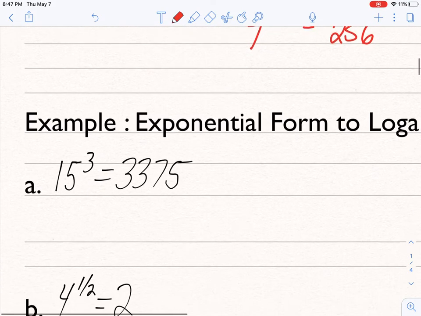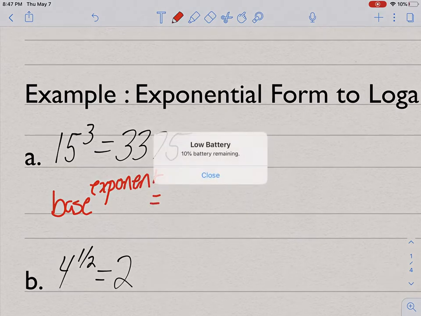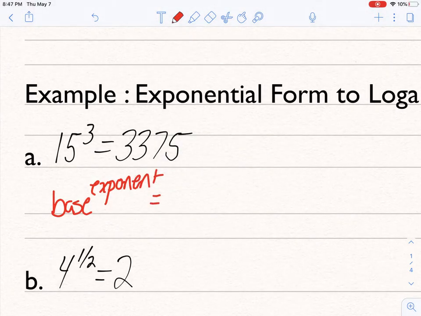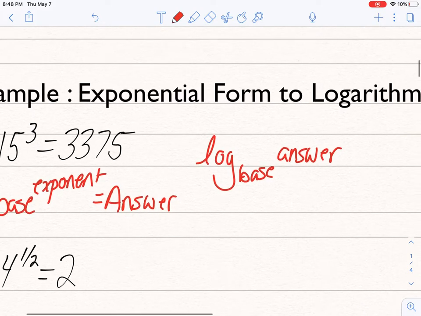Alright, let's go the other way now. So now I have my exponential form, and I have to write it in log form. Again, this is base to the exponent equals my answer. If I want to write this in log form, I need log, base, so bay, next is answer, equals exponent.